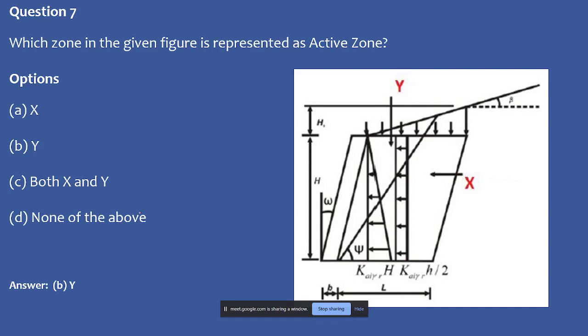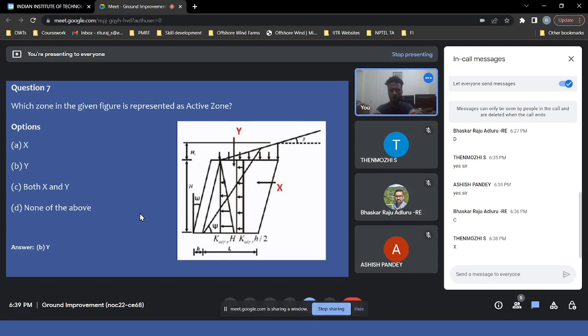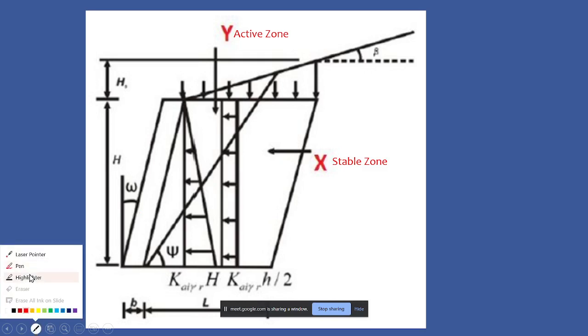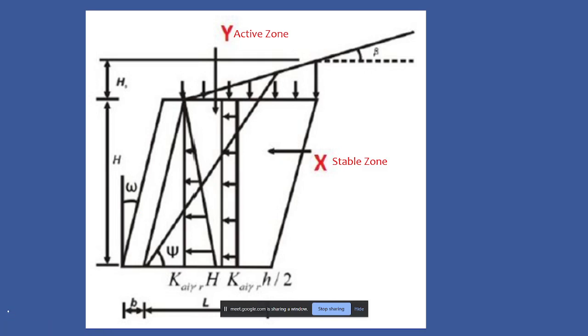So the correct answer is Y. The active zone will be the Y part. Let me show you this. So X will be the stable zone here. So we know, if this is our wall, and this is the reinforcement as well.